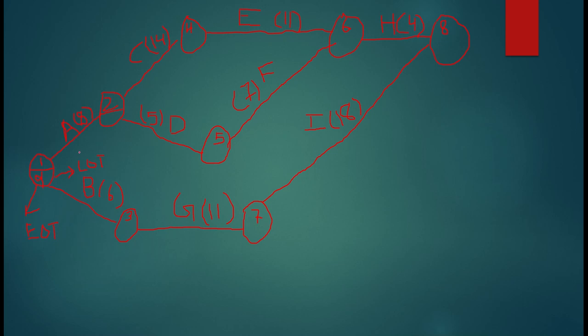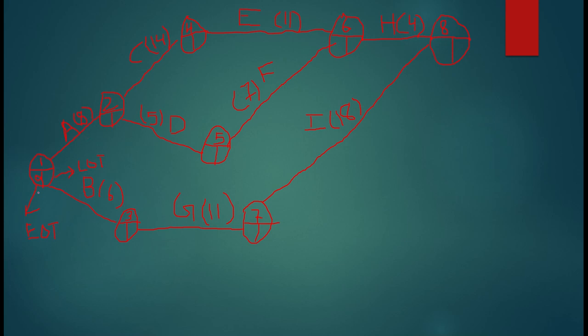Now with this 0, I will continue my path. First I divide all the events into two parts: earliest occurring time and latest occurring time.